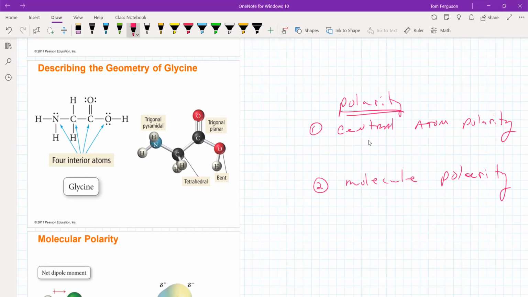When I say molecular polarity, that's of the overall molecule.